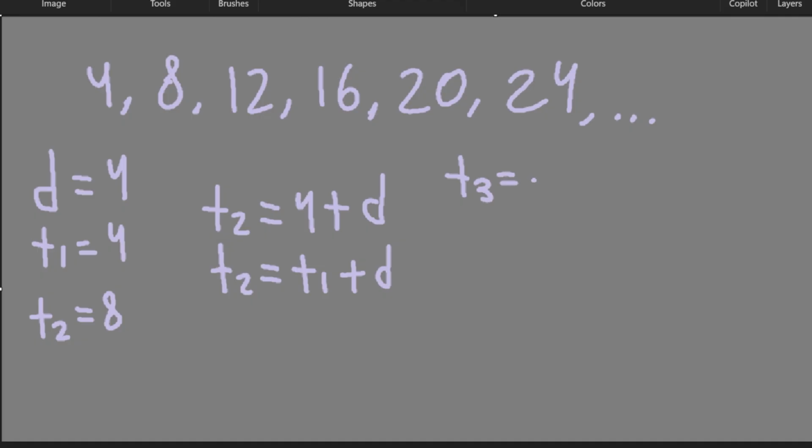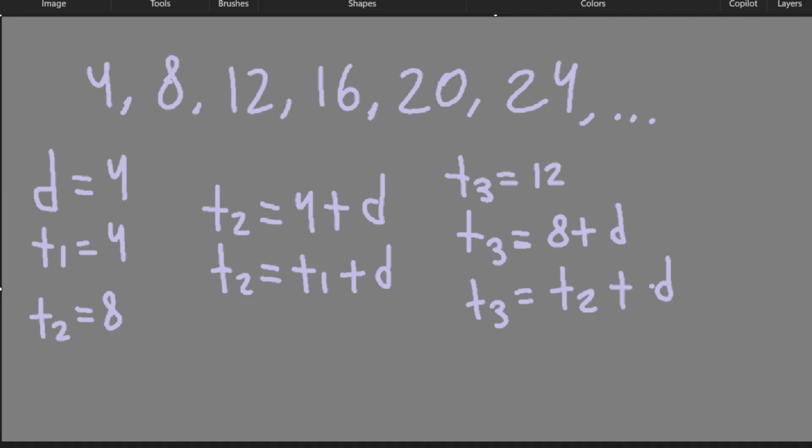T3 is equal to 12. But we also know that T3 will be equal to 8 plus D. And as we can see, 8 is T2. So we can say that T3 is equal to T2 plus D.